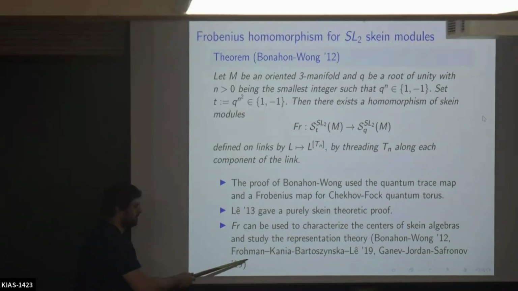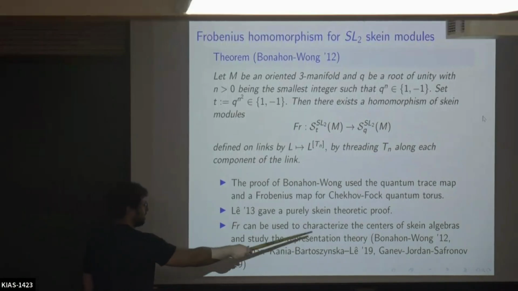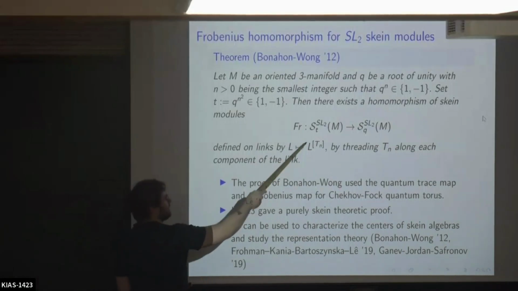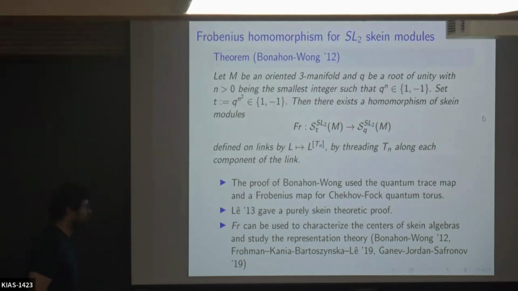And so around 2020 or so, people started looking at SL3 Skein modules and Skein algebras because they sort of completed the study of the basic fundamental properties of SL2 Skein algebras. Okay, so the goal of the talk will be to tell you how to see that this is a well-defined map using a new method.